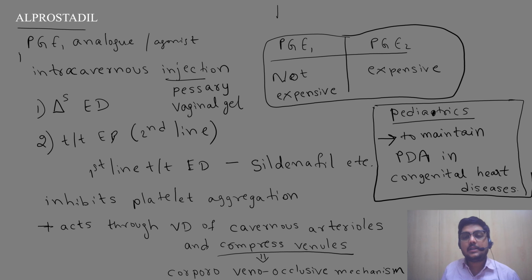But when there is congenital heart disease, there is a demand that it should be patent till the infant is moved to the operation theater. So before surgery, alprostadil is used to maintain patent ductus arteriosus temporarily.